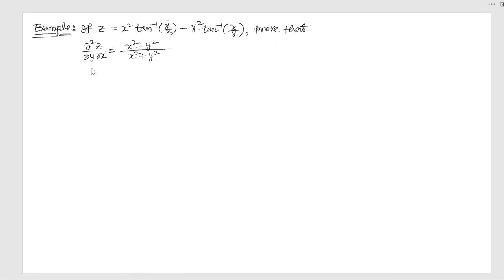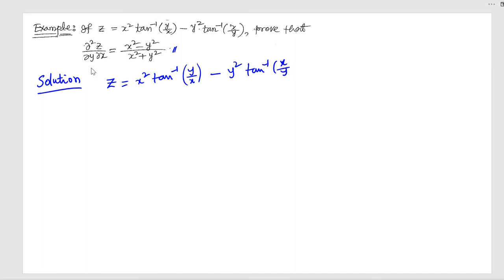Now, for another example, let us verify whether this relation is true or not. So z is given as x square tan inverse y by x minus y square tan inverse x by y.